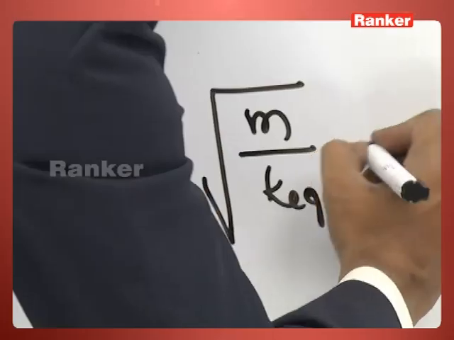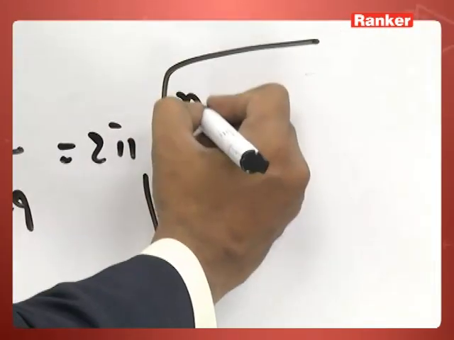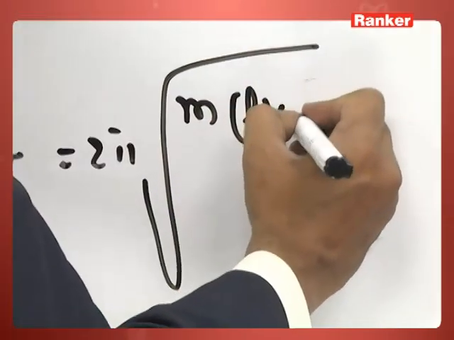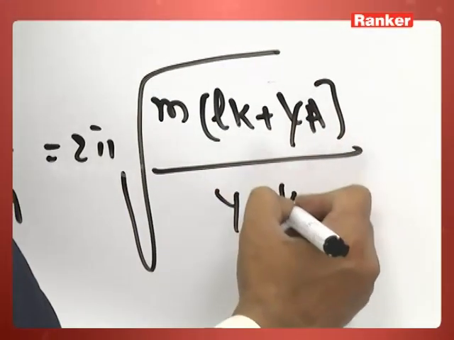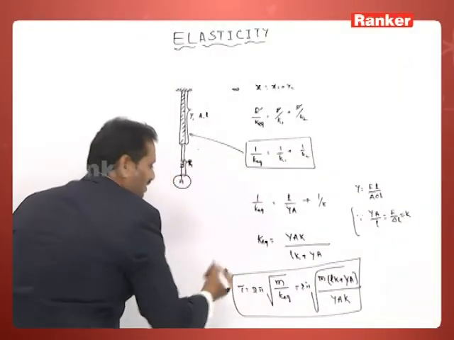Substituting, T equals 2 pi square root of m (LK plus YA) by YAK. This is the time period of this arrangement.